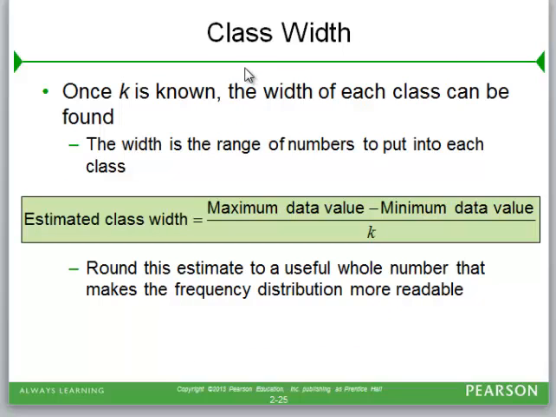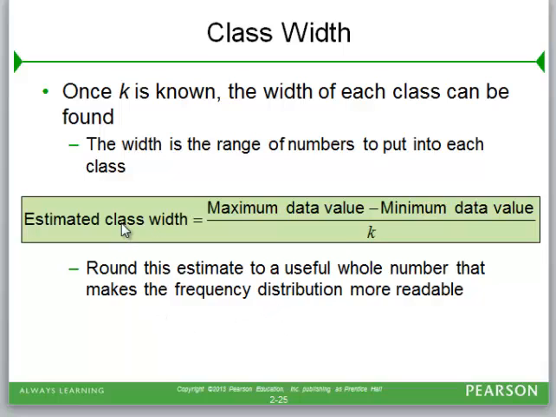Next, we need to decide on the class width. Once K is known, the width of each class can be found using this formula: the maximum data value minus the minimum data value, divided by K. Usually we round this result up to a more convenient number.